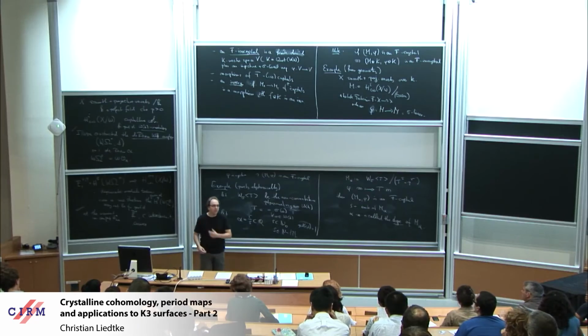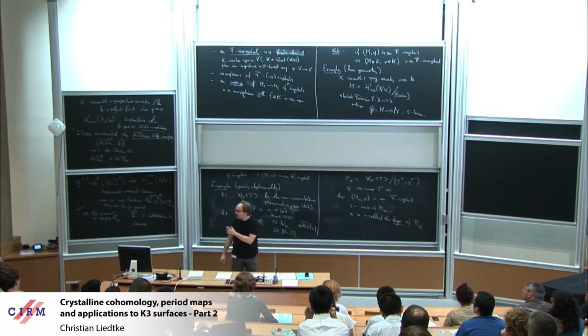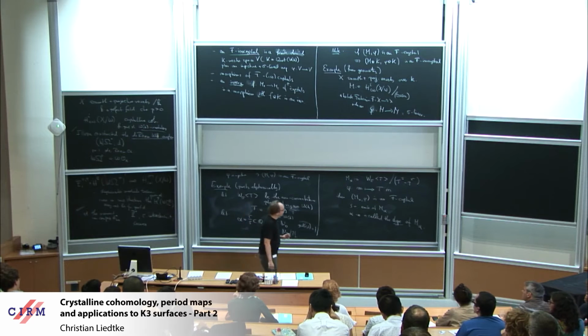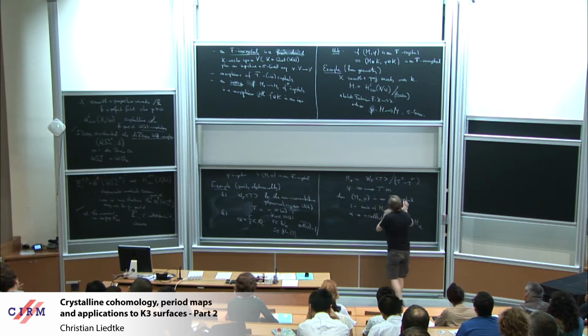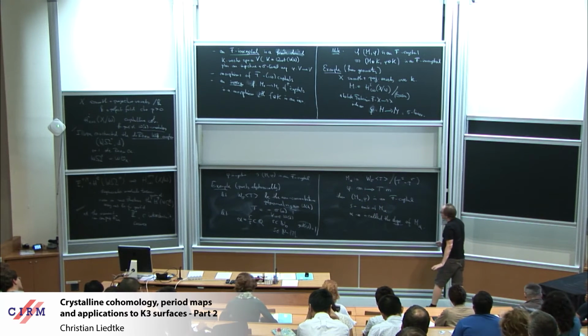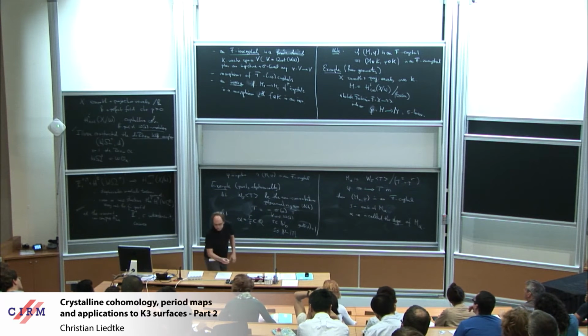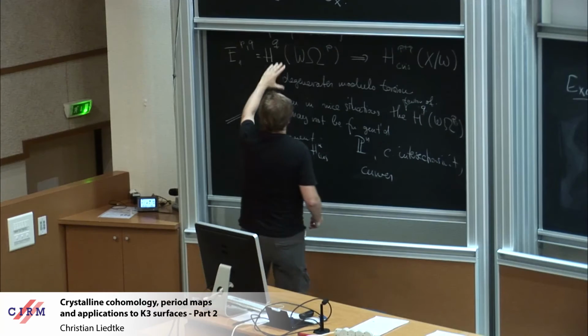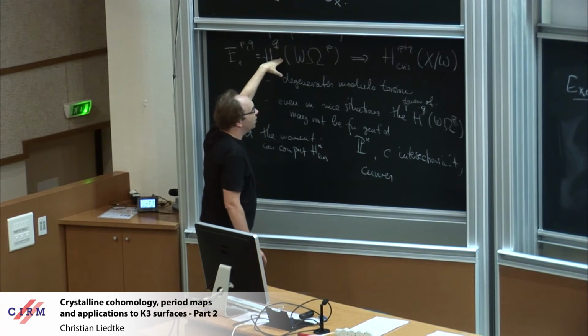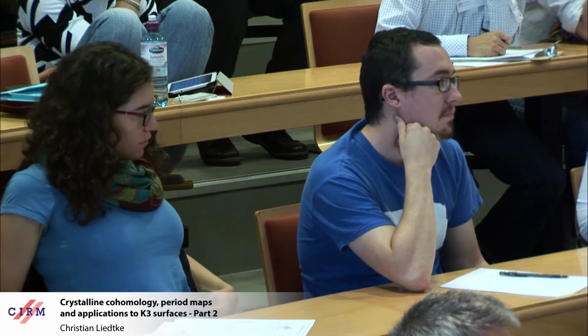So this is the reason for calling it the slope spectral sequence, and it also explains why it degenerates at the E1 level. Between crystals of different slopes, there are not that many maps, so it gives you a hint why you should believe in its degeneracy at E1.